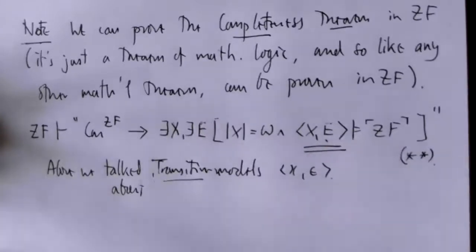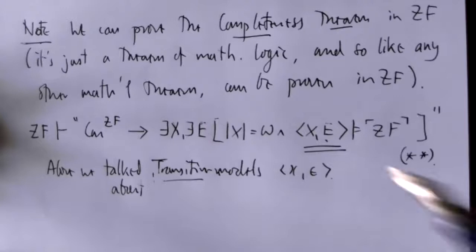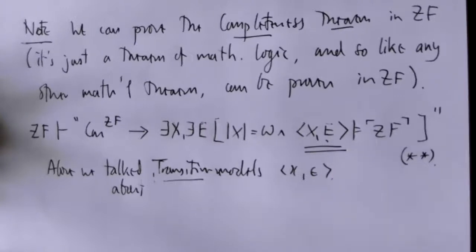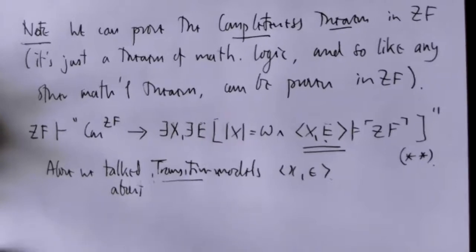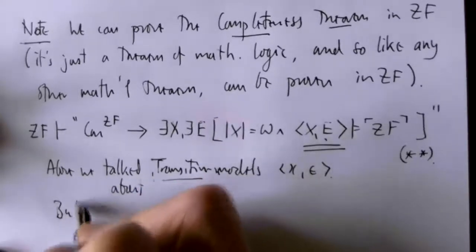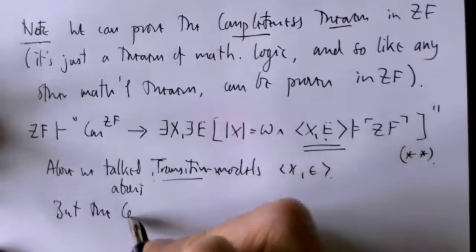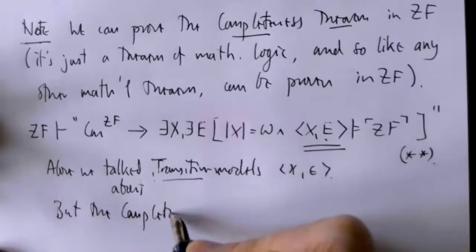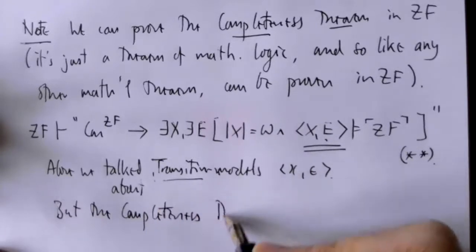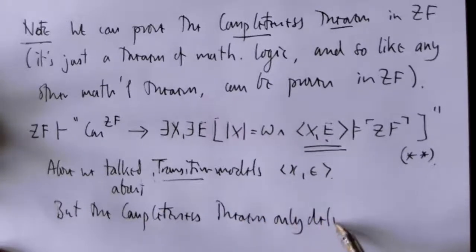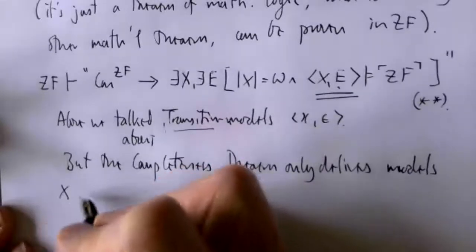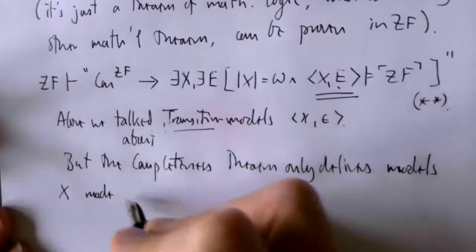They happen to come out true, which was why we were building the model in the first place by the completeness theorem. The completeness theorem only delivers models X made of equivalence classes of formulae.